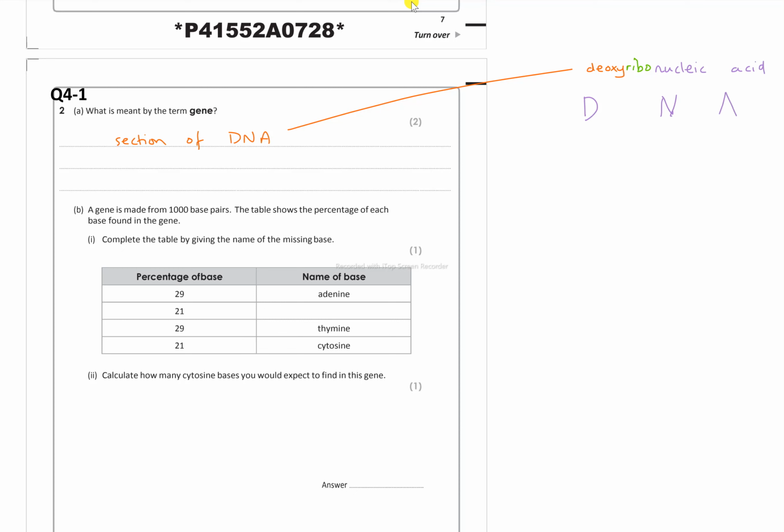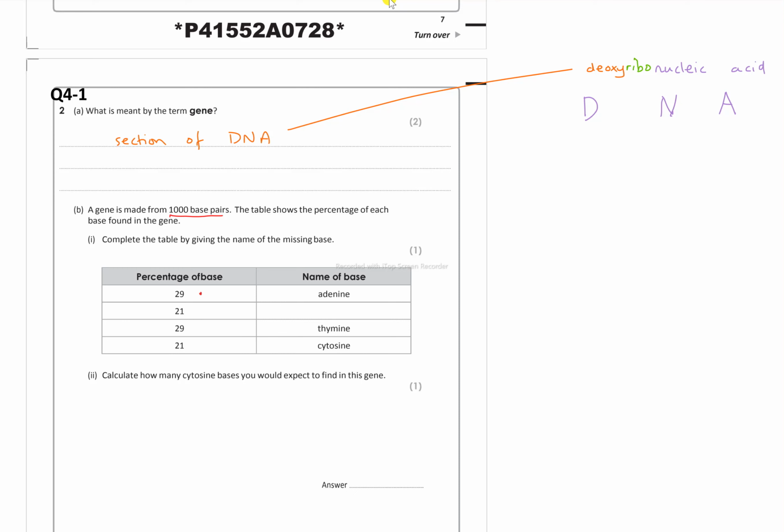DNA. A gene is made from 1000 base pairs. The table shows the percentage of each base found in a gene.